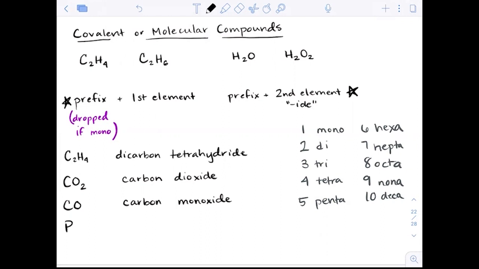We can get even crazier things like P4O10, tetraphosphorus, decaoxide. So there you have it. When we're looking at all of the covalent or molecular compounds, a much more straightforward approach to naming because we have sharing of electrons, the law of multiple proportions is very prevalent.